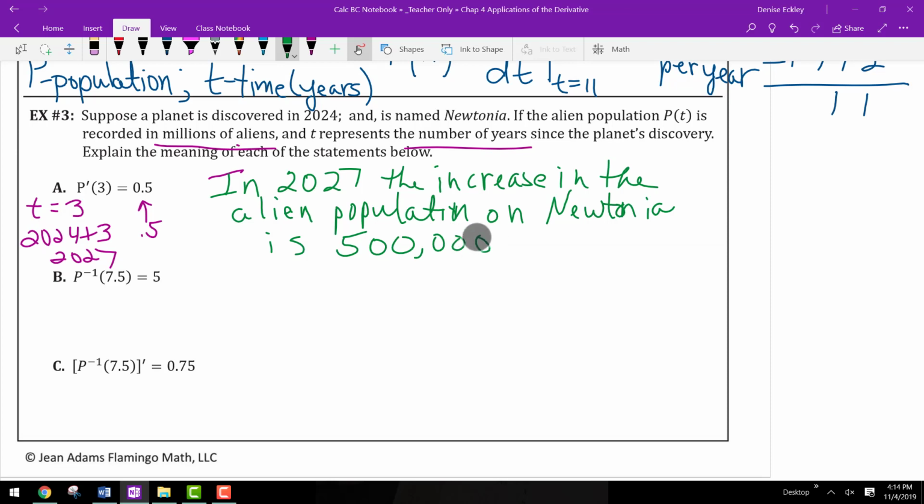You could write 500,000, not people, but I guess they're aliens, per year. Now you want to make sure you put per year because it's the derivative. Next one.